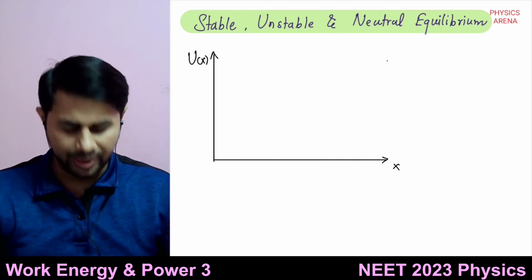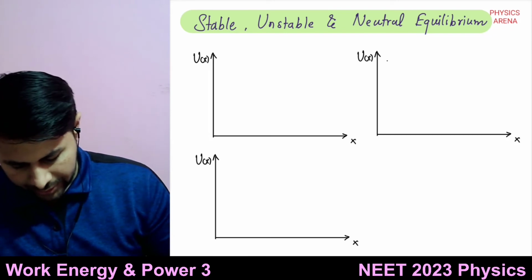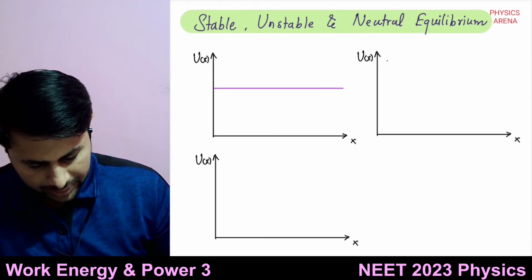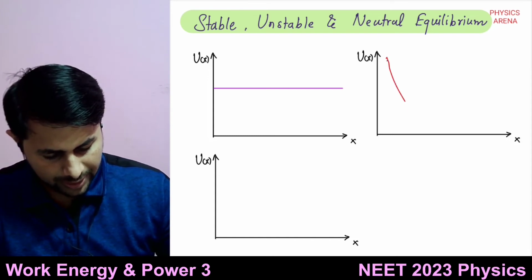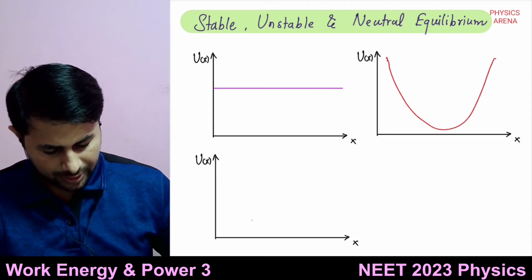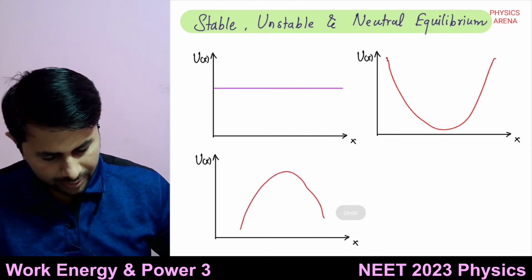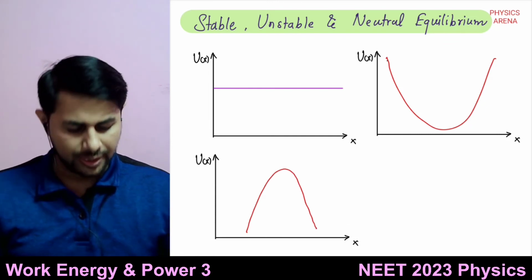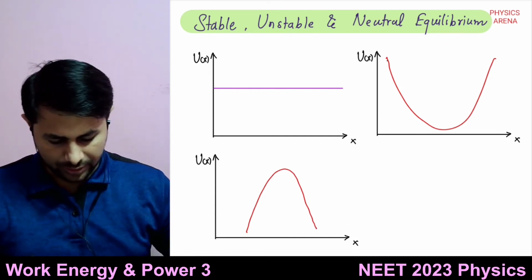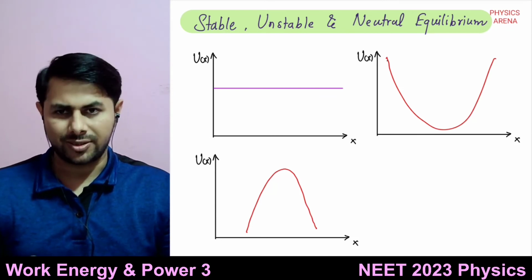So the graph can be anything. Okay, so let's consider a graph like this, a straight line, then a graph like this, and a graph like this. Okay, so let's consider these three potential energy functions.